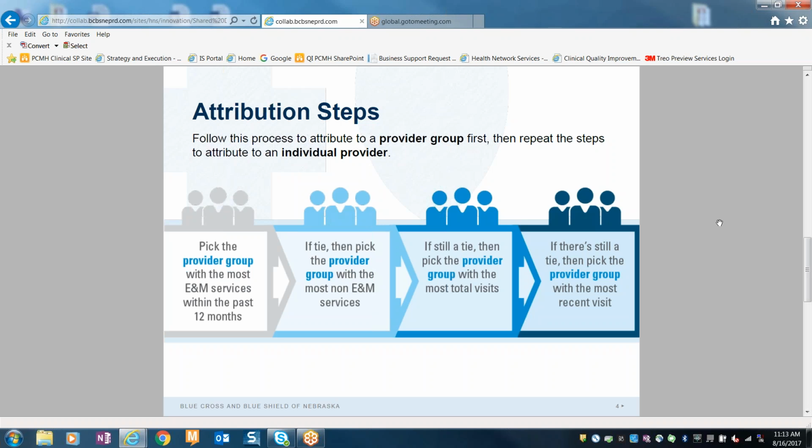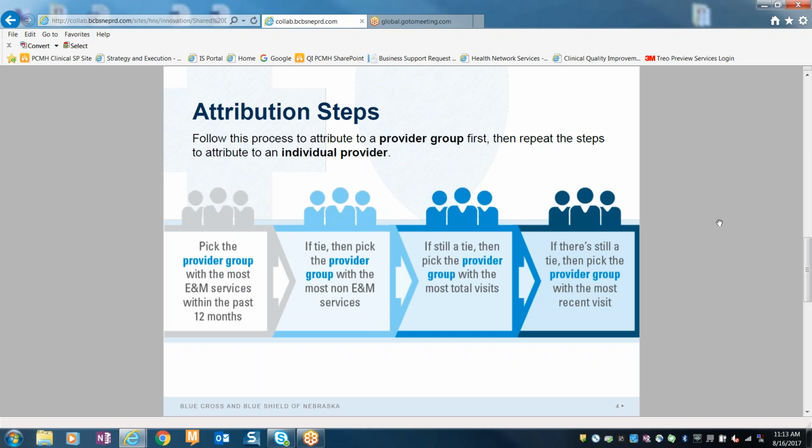It's important to note that with this step and this step only, for members who have met criteria, meaning somebody who's had an E&M code with those types of providers within the last 12 months, we're able to attribute 99% of our attributable population just using that step.